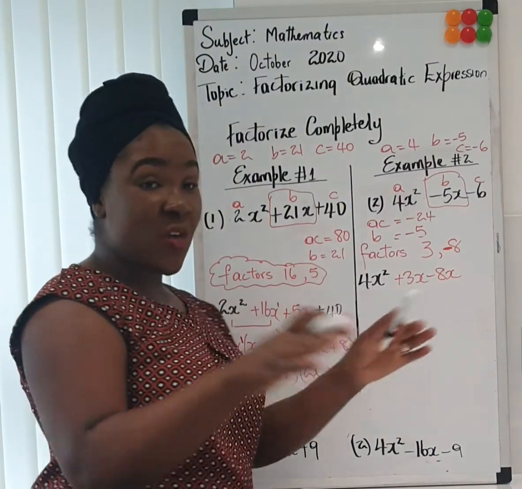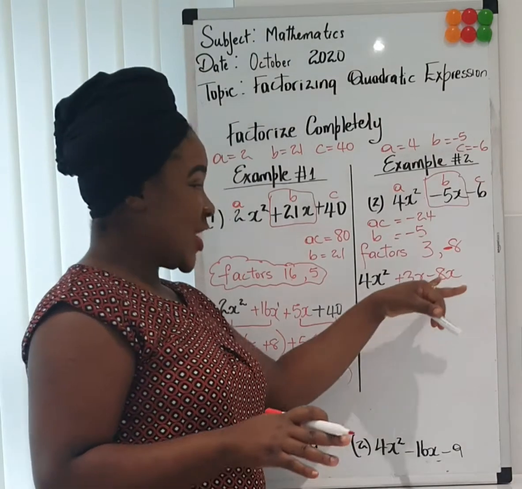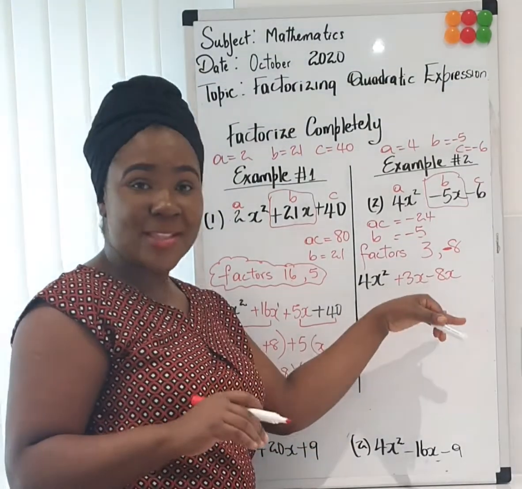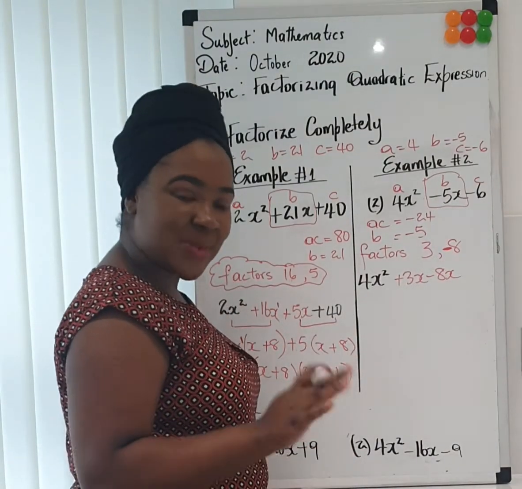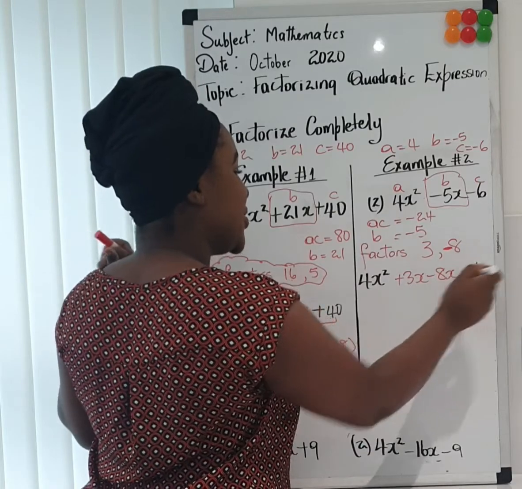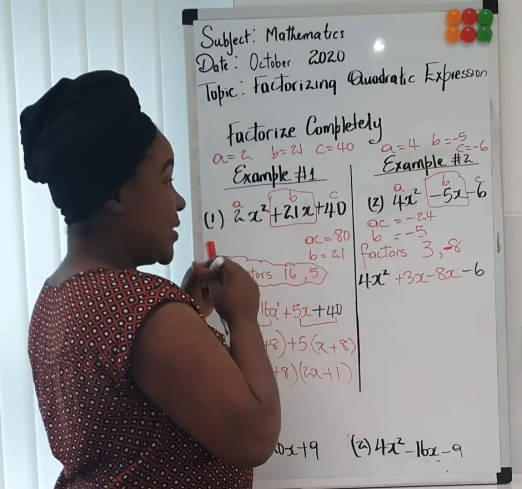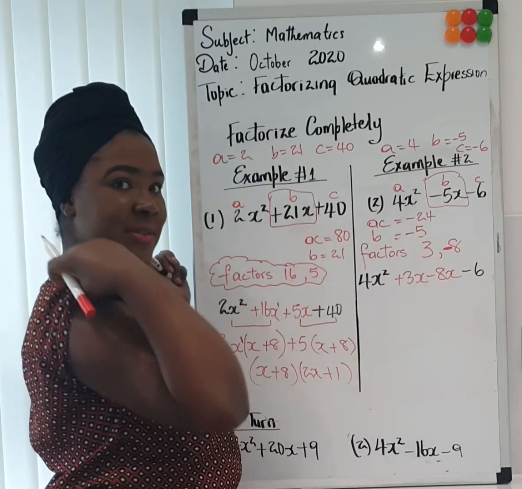Both of them are covering the same space. Even though I changed the carpets, the color and the style, I still have the same space covered, and I have my minus 6 just the same. So what I did was replace the middle term with these two terms.